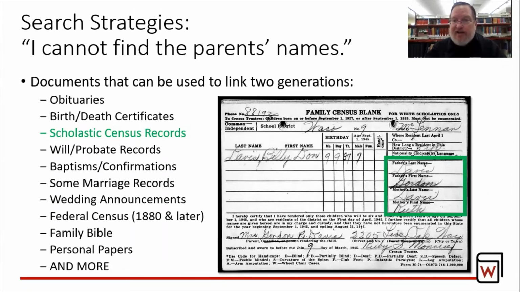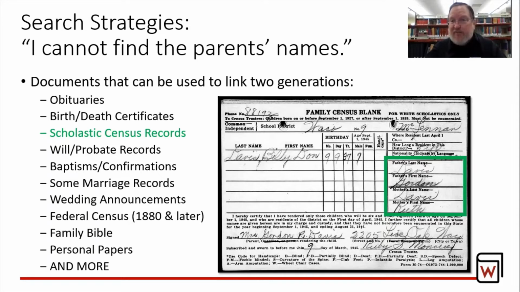Also, there are documents that link one generation to another. In this case, there might be a census, like a scholastic census, that has the child with their date of birth listing the parents' names. What are some of the other ones that we typically see? Obituaries, birth and death certificates, wills and probate, some marriage records.